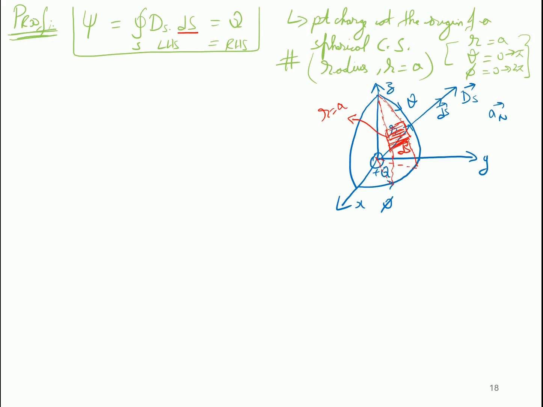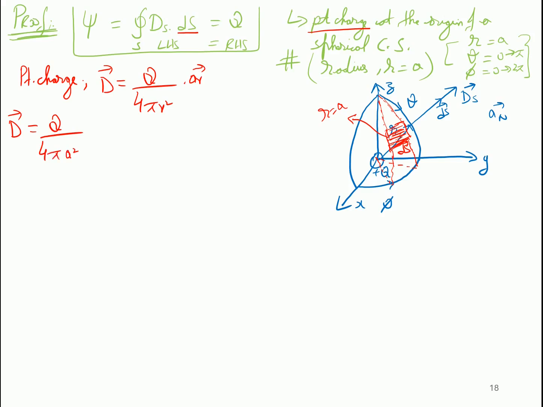Because we are considering a point charge at the origin, the electric flux density is q divided by 4 pi r square into a of r. Since r is represented by a, I can replace it as q divided by 4 pi a square into a of r. This is the unit vector, so this is a complete vector representation.